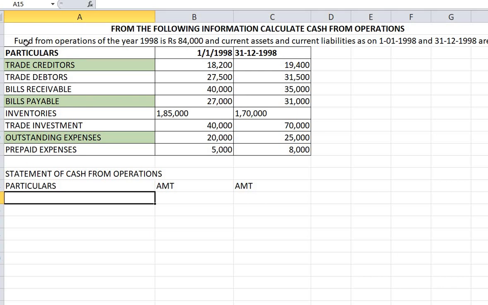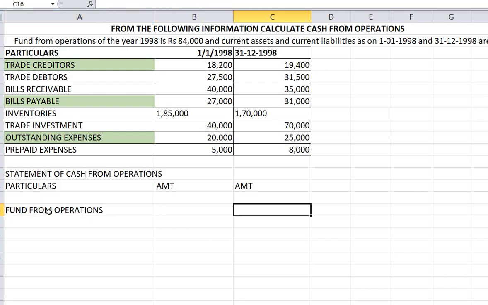As we know, we are going to take fund from operations as the base. What is the amount of fund from operation? It is 84,000, isn't it? To this amount, we are going to add some items and subtract some items.